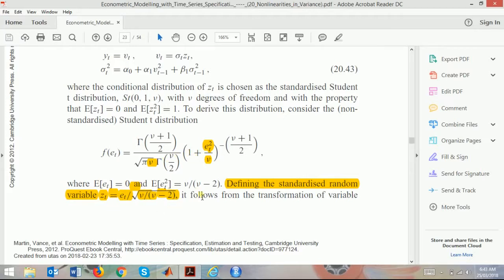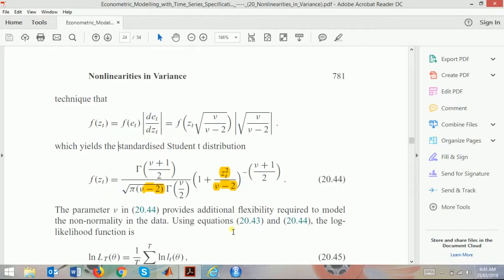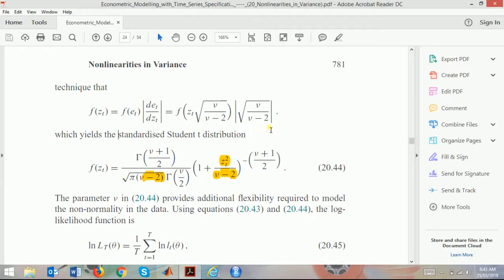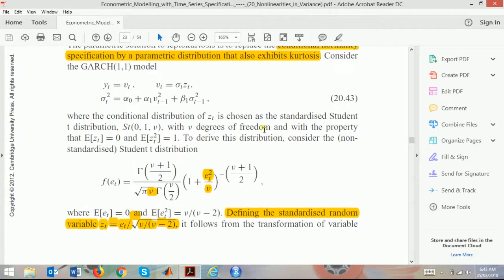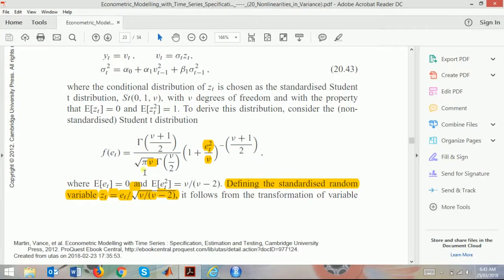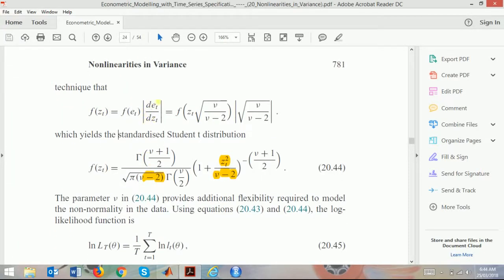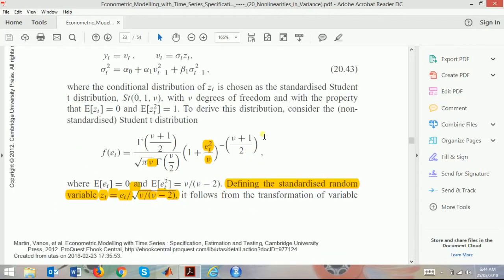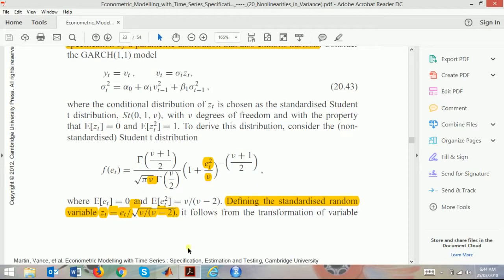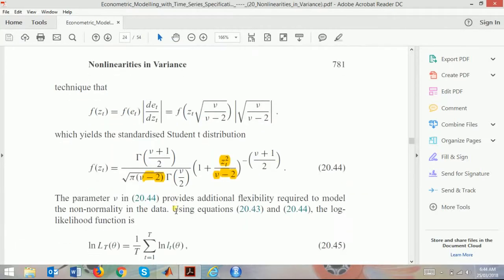This is something we need to memorize, and then using this information we transform from e to z, where we have the absolute value of root over tau divided by tau minus 2, because we're talking about this equation dE divided by dz, and the dE crosses out, so we are left with root over tau divided by tau minus 2.